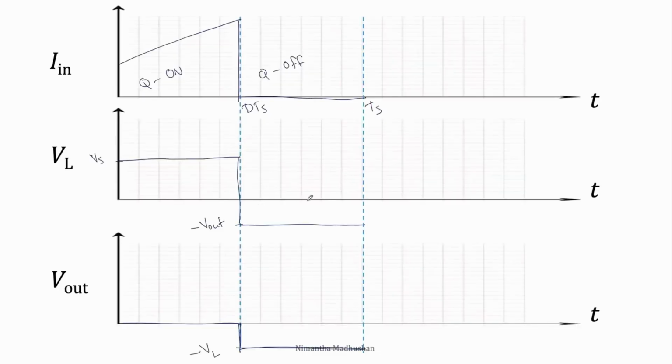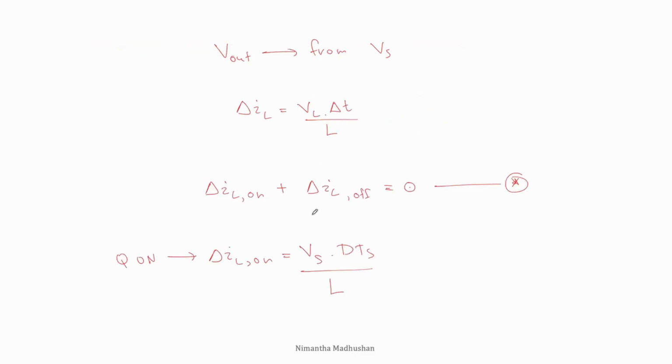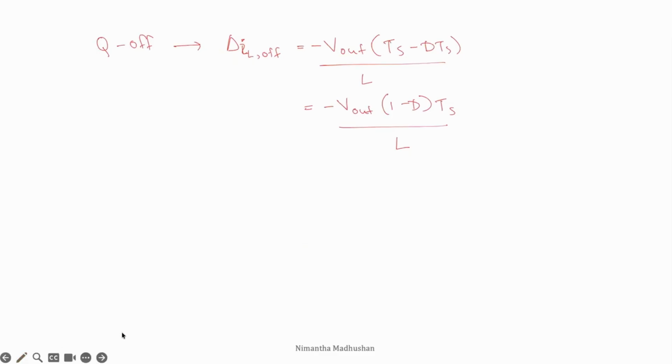And if we consider the off time, delta IL off is equal to, during turn off time, VL is equal to minus Vout, and delta T is Ts minus dTs, over the inductor value L. For that we can rearrange it as minus Vout times (1 minus d) Ts over L. Then we can put these two into that equation, delta IL on plus delta IL off is equal to 0.